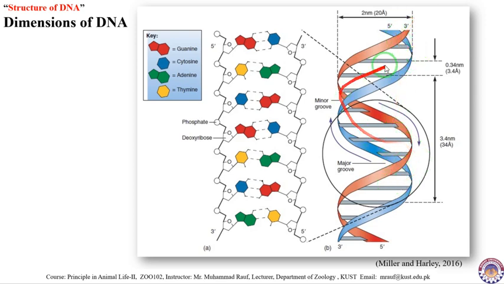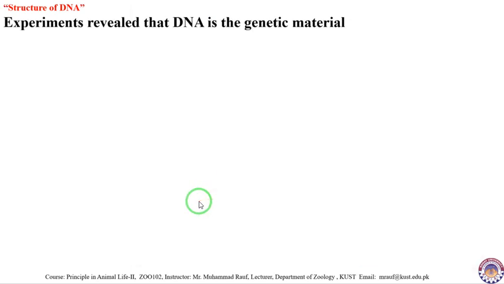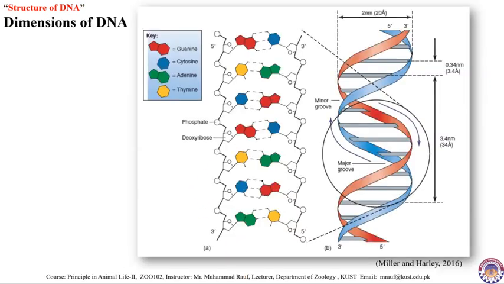So a complete turn is completed after 10 bases, and the distance covered in one complete turn is 3.4 nanometer or 34 angstrom. These are the uprights of the DNA, and these are the rungs. The uprights are made up of sugar and phosphate, and the rungs are made up of nitrogenous bases.